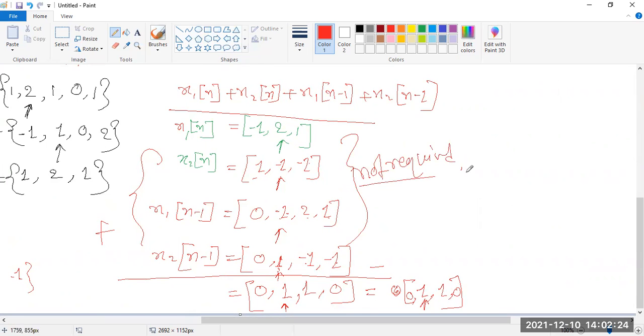Okay, so I have to do something so that this may be performed in the y term, y2 term or the y1 term.